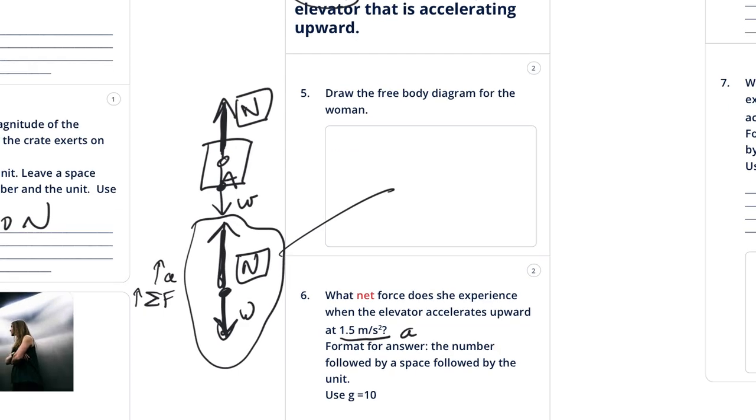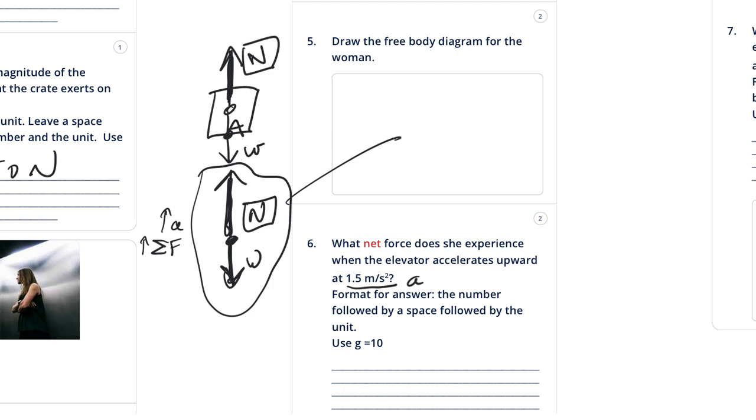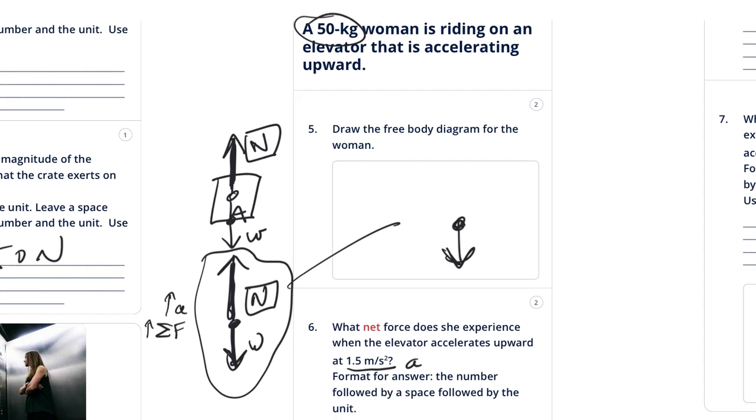So using that free body diagram, let's draw it over here again. Her weight is mg. That equals 50 times 10, so 500. And N is pointing up.